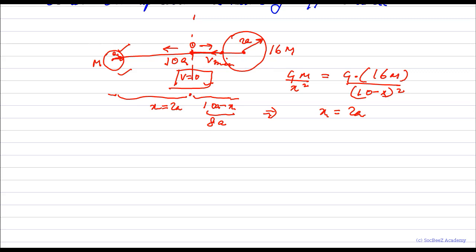So if I write down Ui, the initial potential energy, that is going to be equal to minus G into capital M into small m upon 8a, minus G into 16M into small m upon 2a.